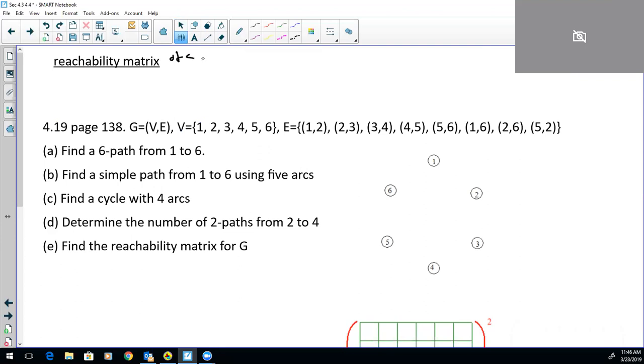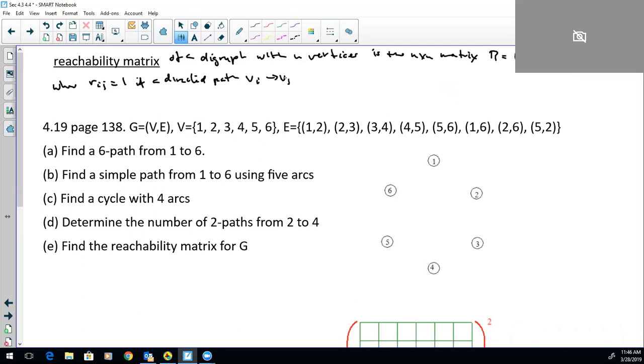So the reachability matrix of a directed graph, of a digraph, with n number of vertices, is the n by n matrix R, and it's going to be, say, a typical element, the ijth entry of the matrix, where the ijth entry is 1 if there's a directed path from vertex I to vertex J, and 0 otherwise.